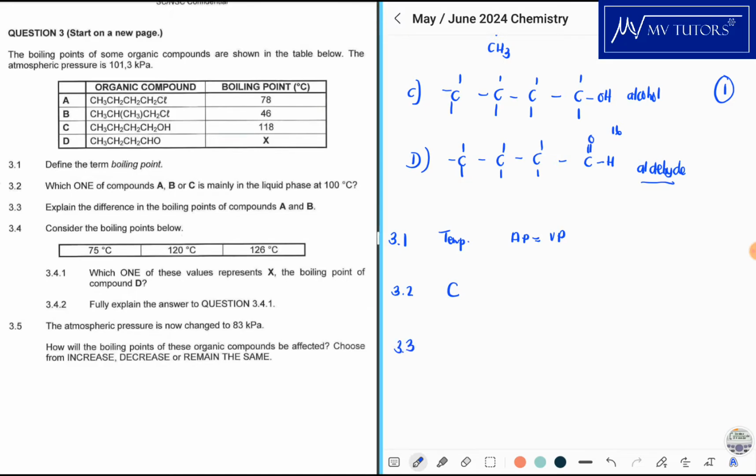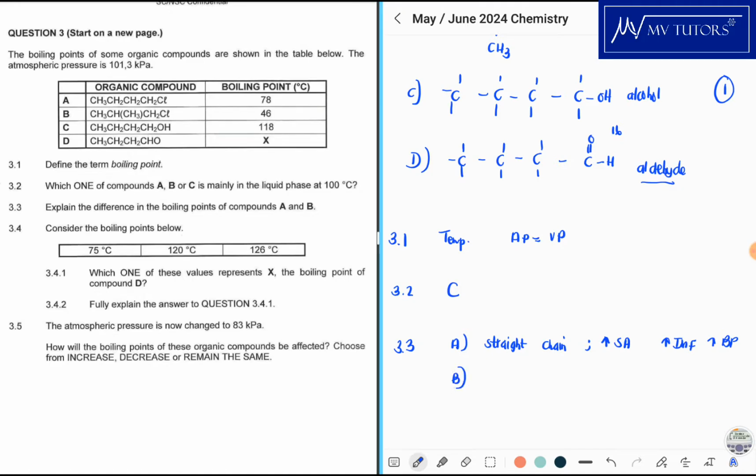3.3, explain the difference in boiling points of compounds A and B. This mainly has to do with the surface area. Compound A is a straight chain, which then has a higher surface area, and because of that it has higher intermolecular forces, therefore a higher boiling point.